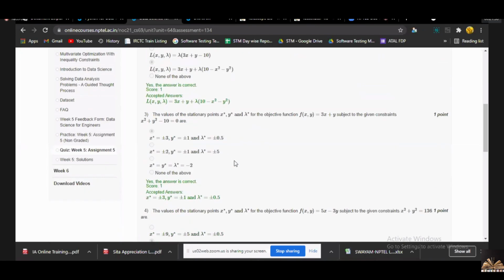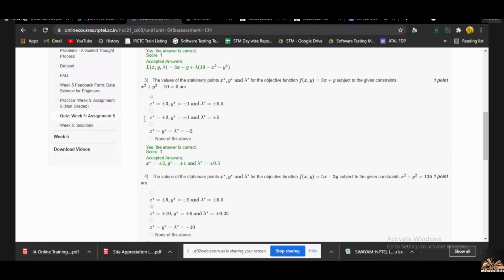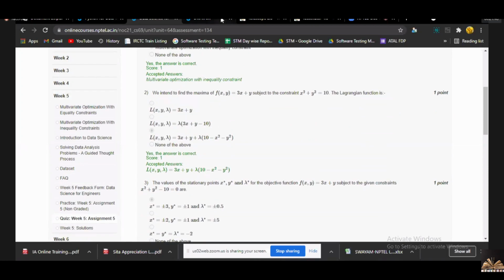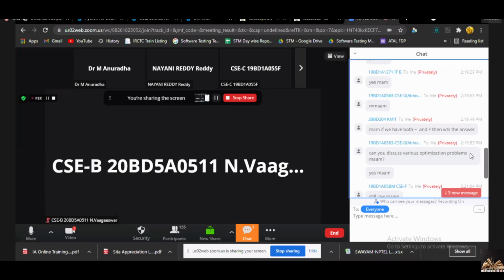Now this option is correct. Next is the third question, the values of the stationary points. Less than or equal to is also nothing but an inequality constraint.